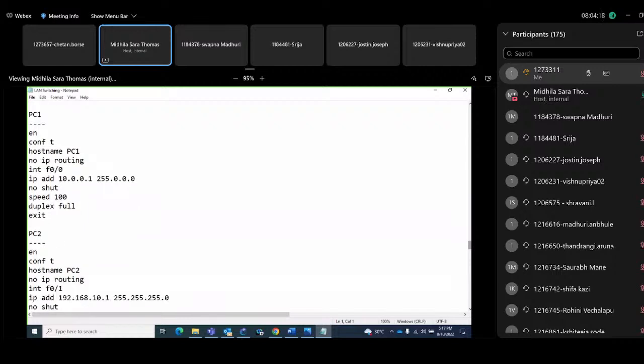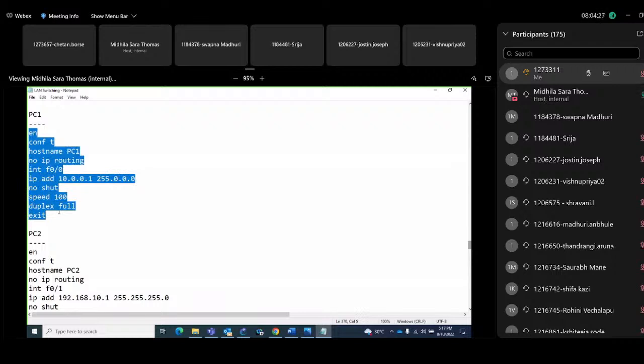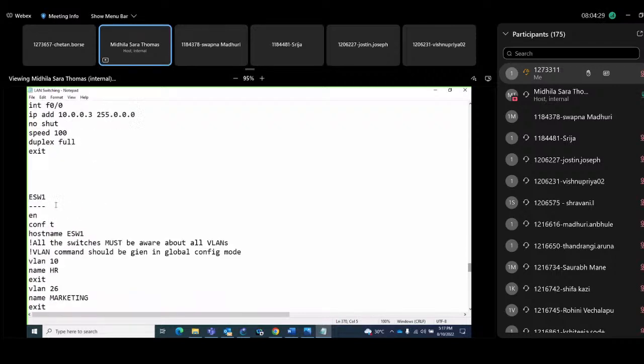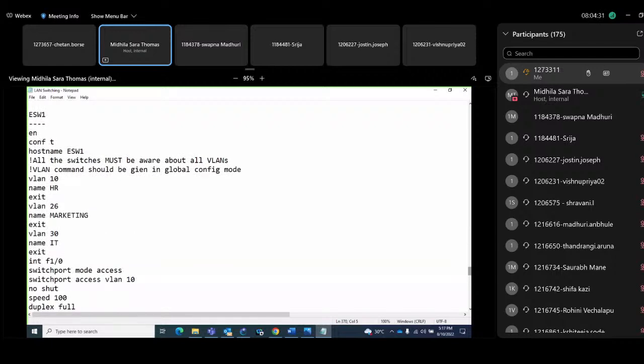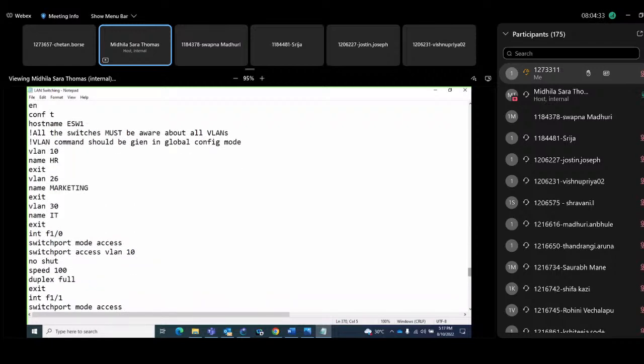Yeah, I'm showing PC1, PC2. If you want, you can take a look. See how you do it for PC1. Same way you have to do it for other PCs. And the switch, if you want, I can show it.